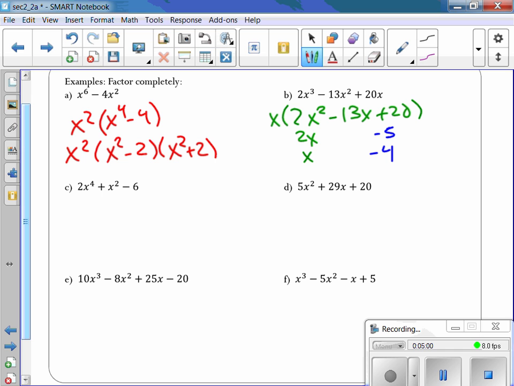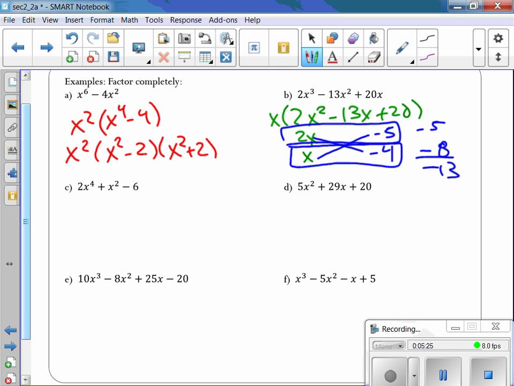The crisscross method, what do we do? Multiply, absolutely. So let's see, my 2 times negative 4 gives me, and my 1 times negative 5. Sure enough, we get that negative 13 telling me my factors are just 2x minus 5 and x minus 4.